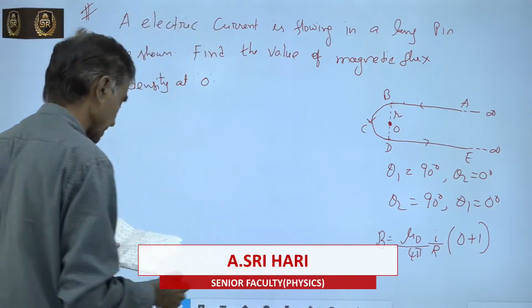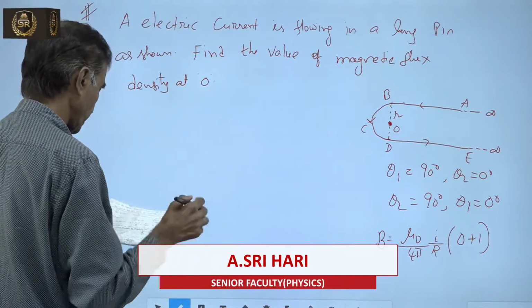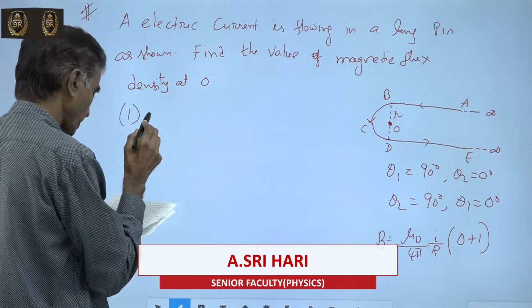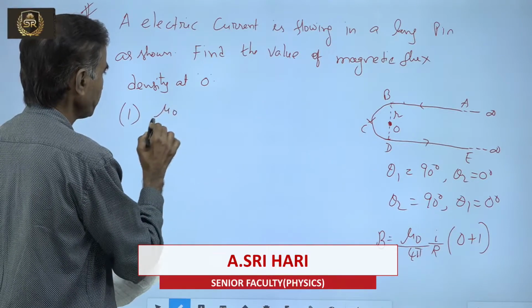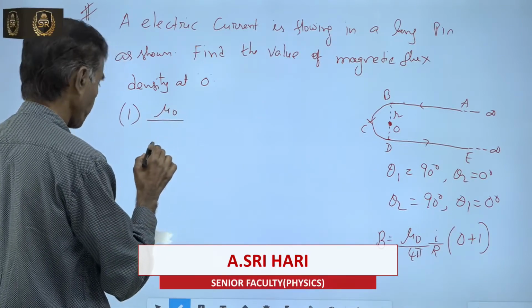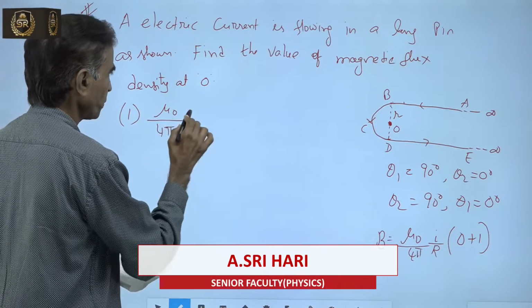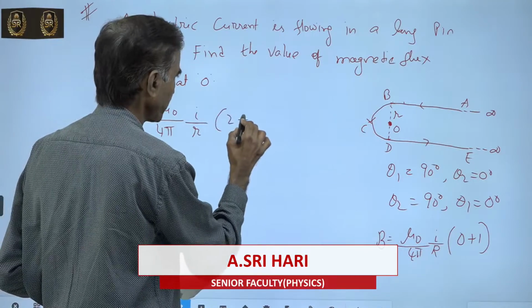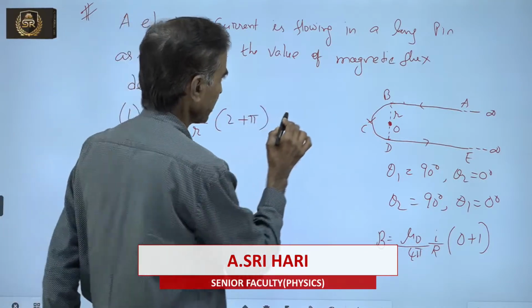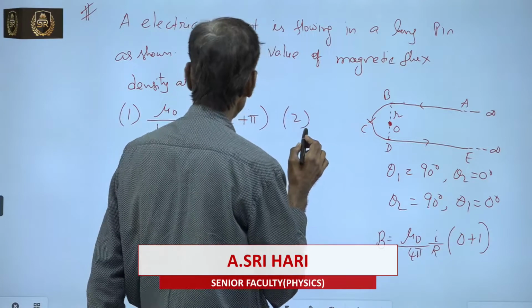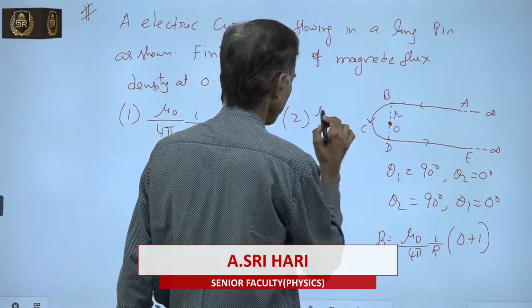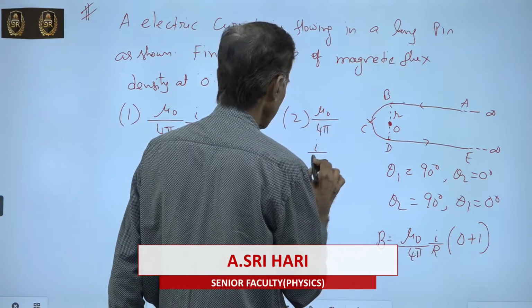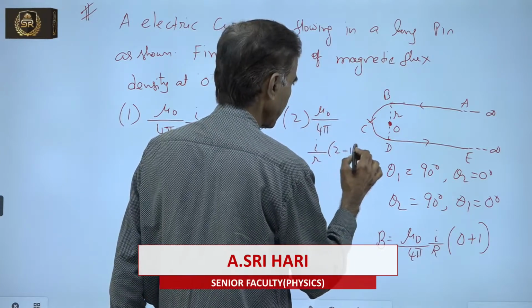See what are the options given here. First option, an old MHT-CET problem: mu naught by 4 pi into I by R into 2 plus pi. Second option: mu naught by 4 pi into I by R into 2 minus pi.